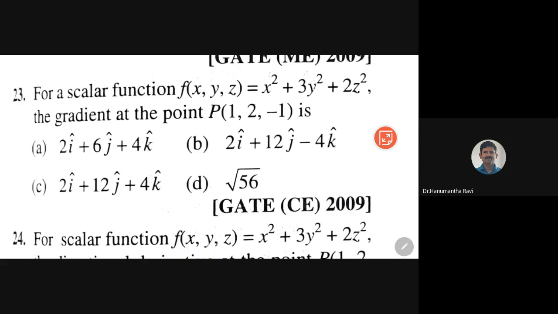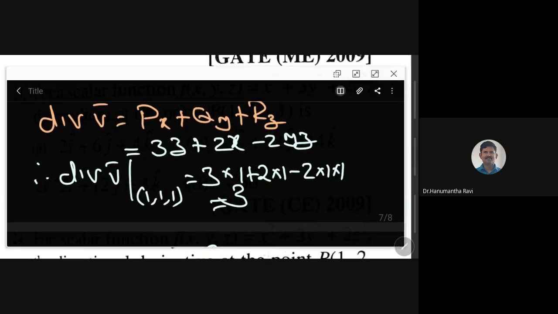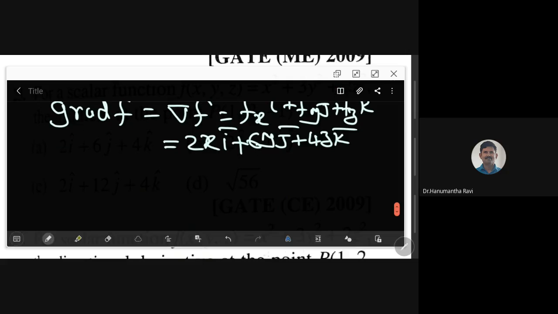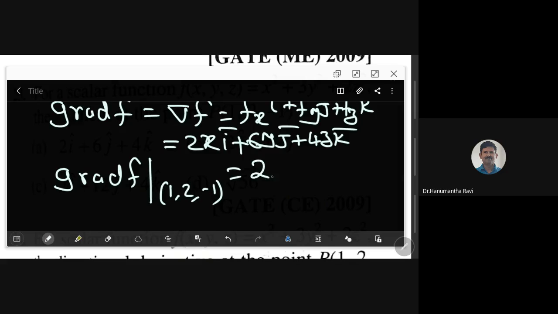So what did they ask for? Grad f at P equal to 1, 2, minus 1. So grad f at 1, 2, minus 1 is 2 into 1 into i bar plus 6 into 2 into j bar plus 4 into minus 1 into k bar.